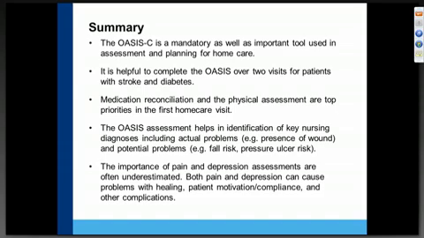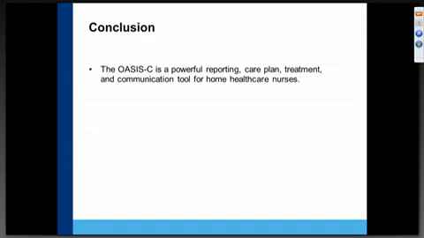And the Oasis assessment helps to identify key nursing diagnoses, including those actual problems. We've got a wound and we're going to treat it, but also the potential problems. Their risk for falls, their risk for developing pressure ulcers, etc. The importance of pain and depression assessments are often underestimated. Both pain and depression can cause problems with healing, motivation, and adherence, as well as other complications.